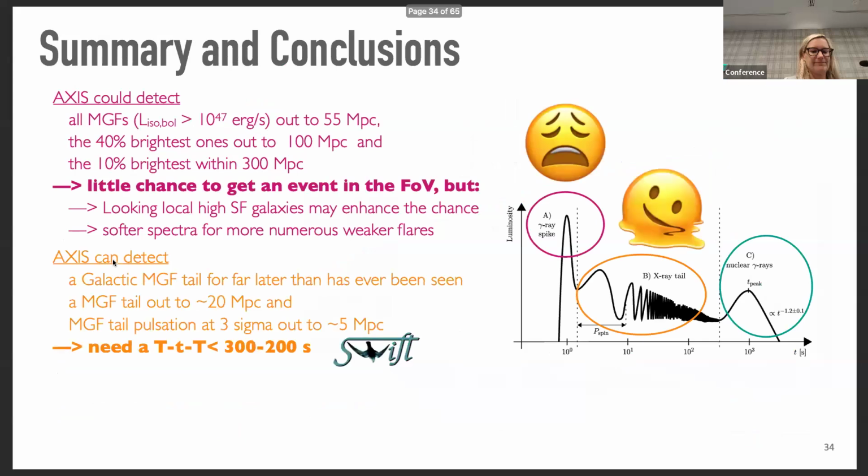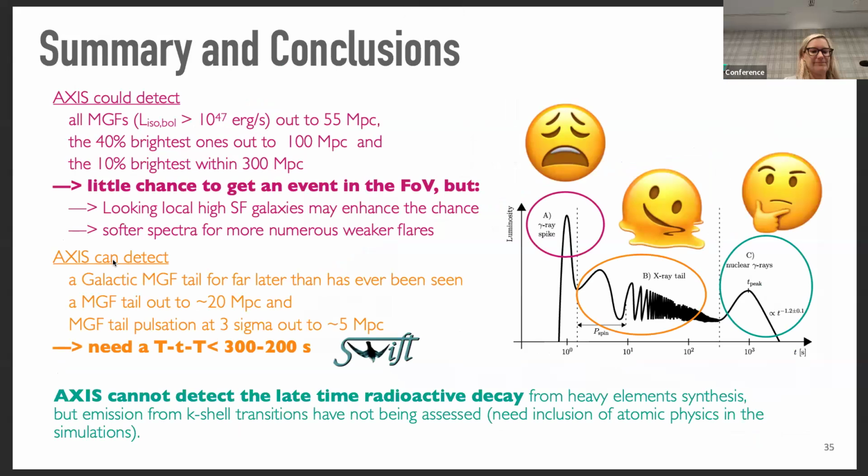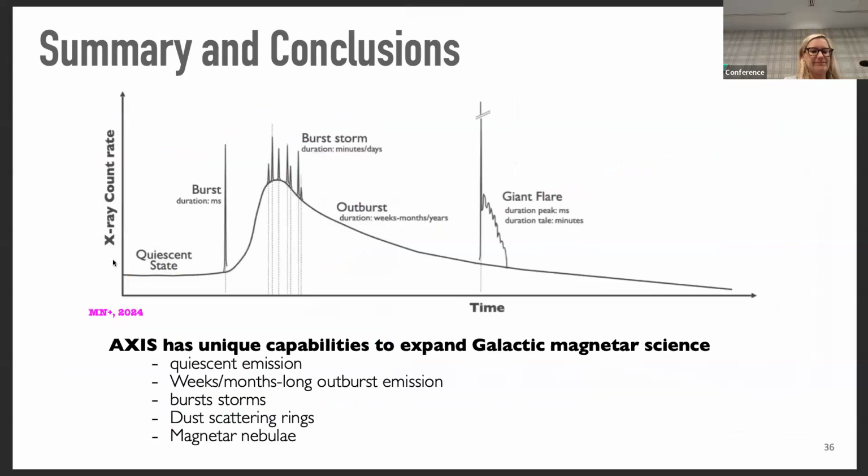Okay, so to recap the conclusions, kind of with the emoji smiles, I want to close with a more positive thing: AXIS is going to do great for magnetars. I'm focusing on magnetar giant flares, but quiescent emission is very interesting to look at.